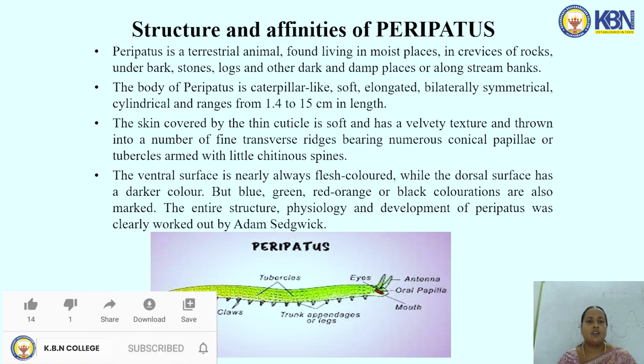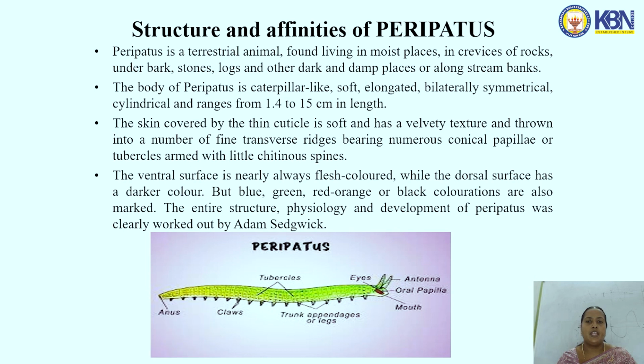The skin covered by a thin cuticle is soft and has a velvety texture and is thrown into a number of fine transverse ridges bearing numerous conical papillae or tubercles armed with little chitinous spines. The ventral surface is nearly always flesh colored.